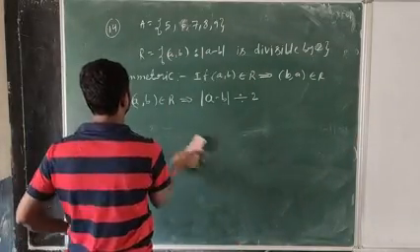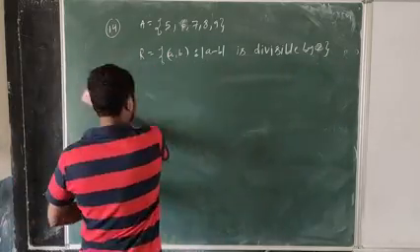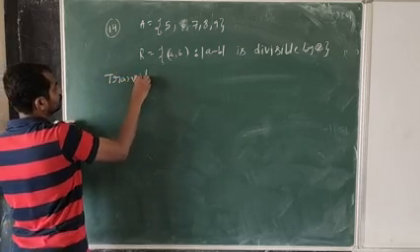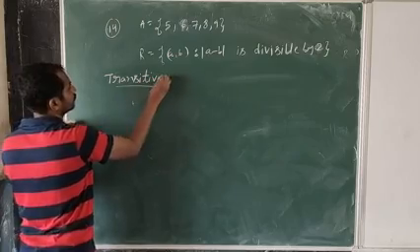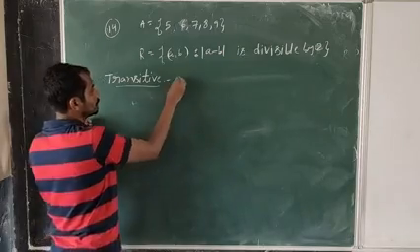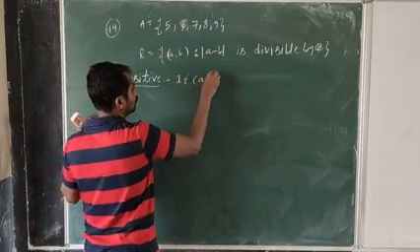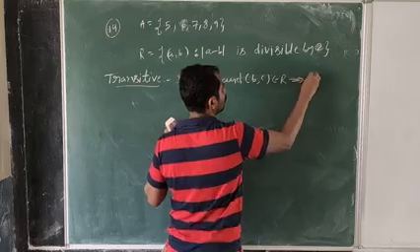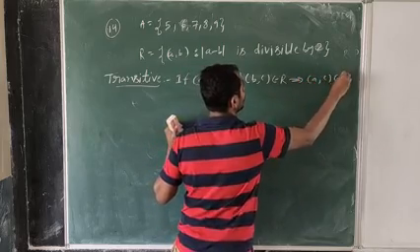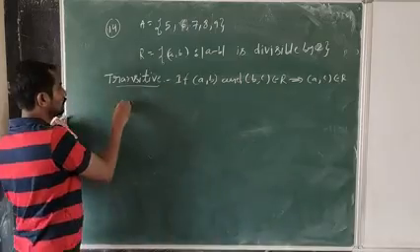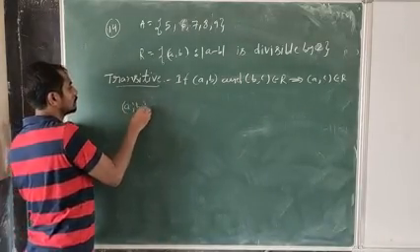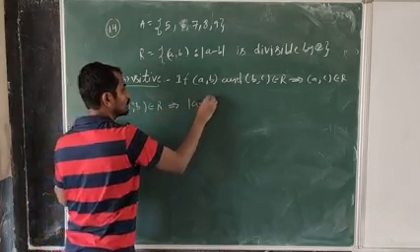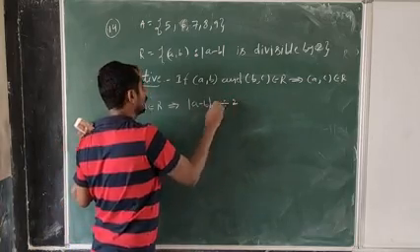Next, transitive. For transitive, if (a, b) and (b, c) belong to R, then you have to show (a, c) belongs to R. First, (a, b) belongs to R means mod a minus b is divisible by 2.